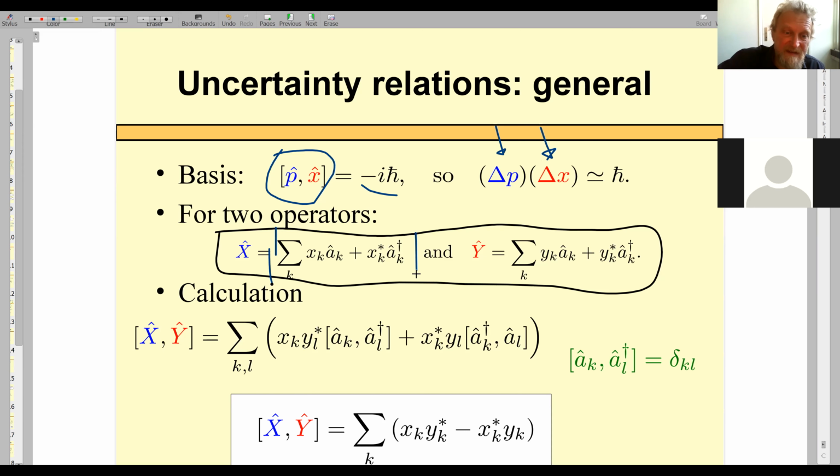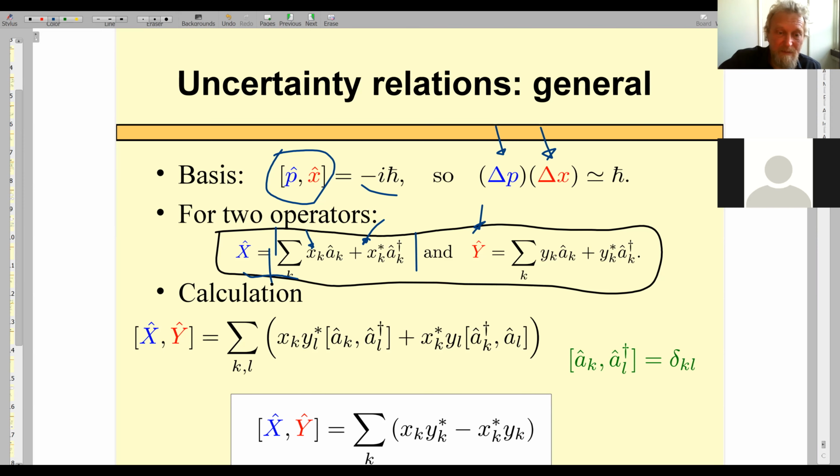So I put some coefficients in front of these creation and annihilation operators to represent any field operator, again, without specifying the field. I need two operators, and that's what I put here.